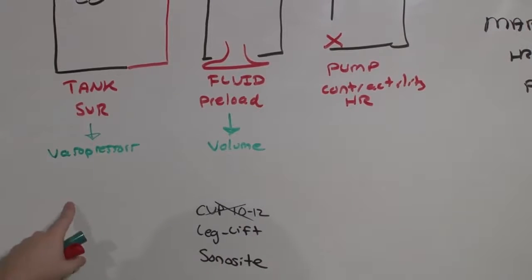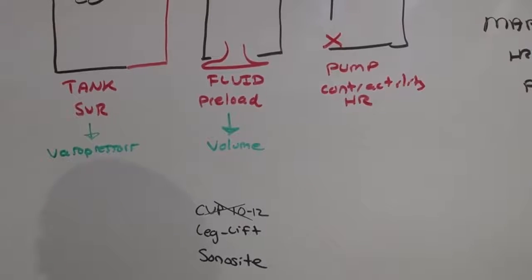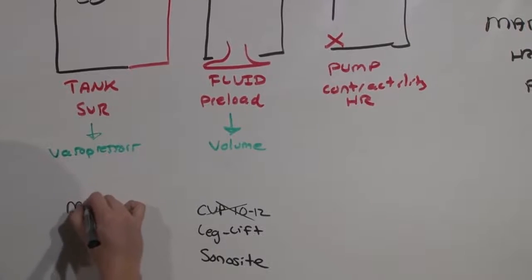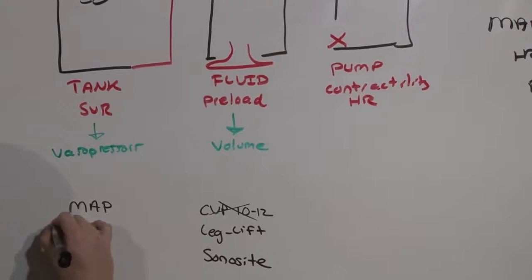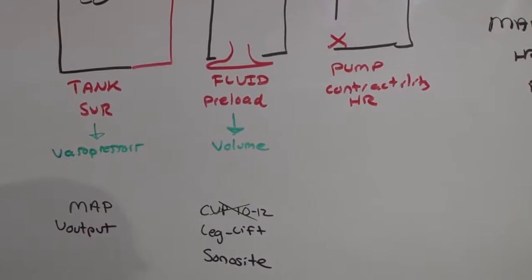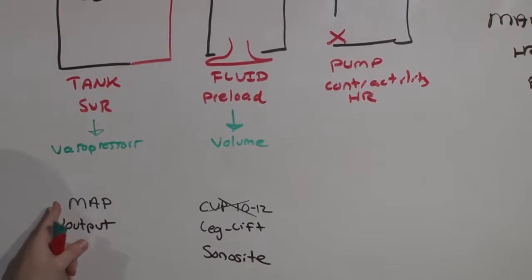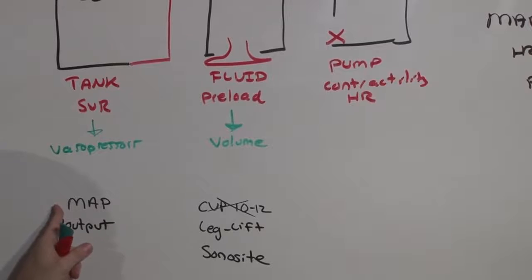The way you assess whether or not your systemic vascular resistance is appropriate or not is by following the mean arterial pressure and the urinary output. The idea being, if you have enough diastolic tone, your mean arterial pressure should come up.